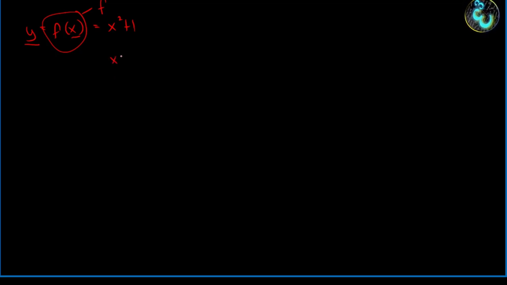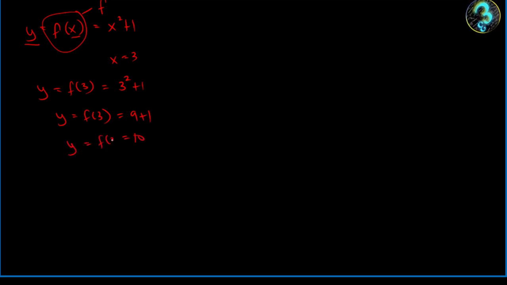If x is equal to 3, this will be 3 squared plus 1, because we substitute the value of 3 for x. This becomes f of 3. So y is equal to f of 3 is equal to 9 plus 1, which is equal to 10. The value of y depends solely on the value of x. That's why y is the dependent variable and x is the independent variable.